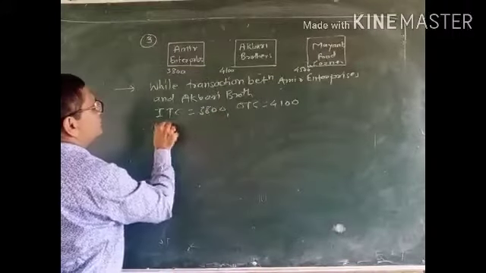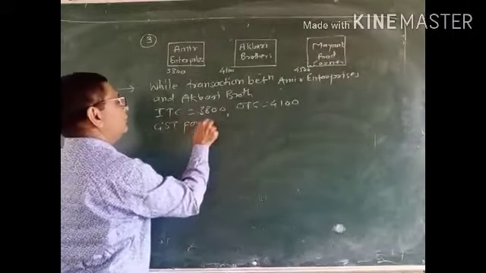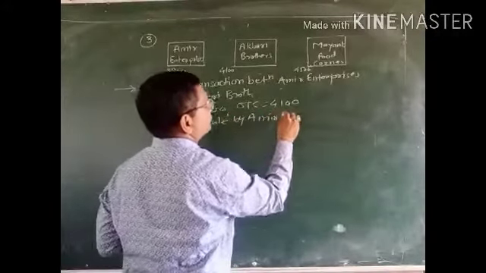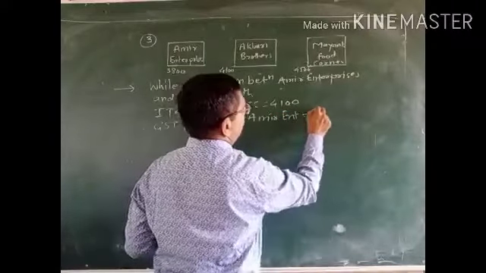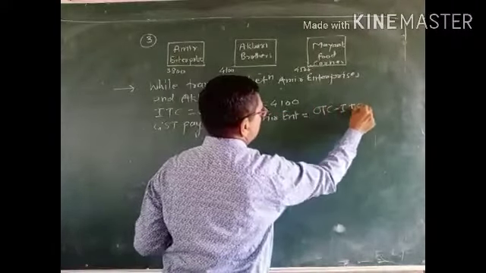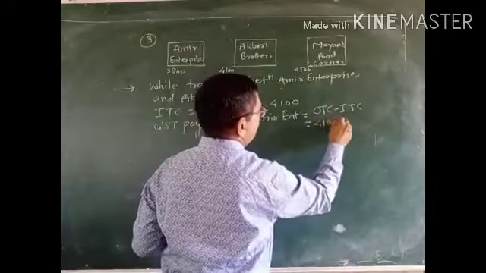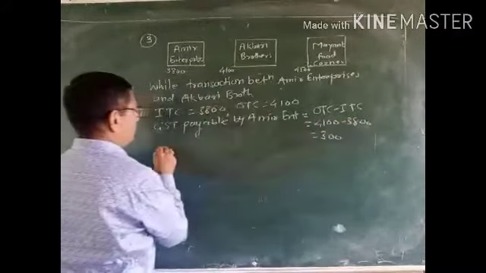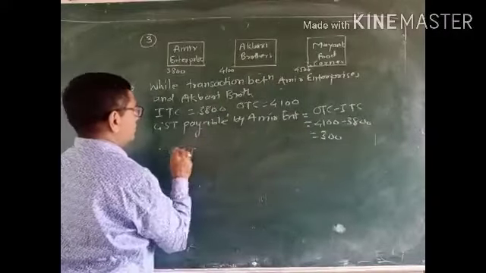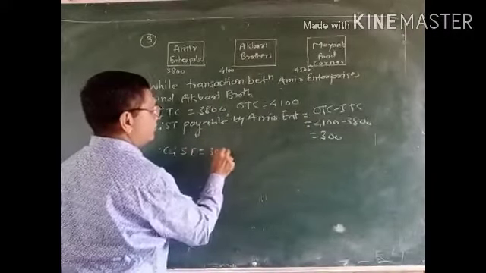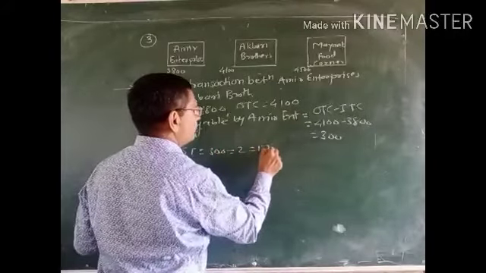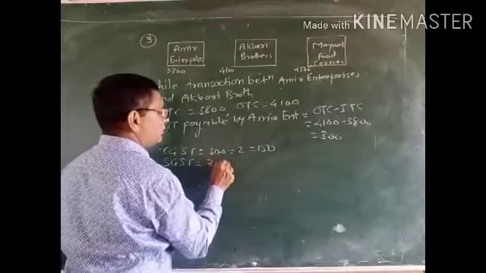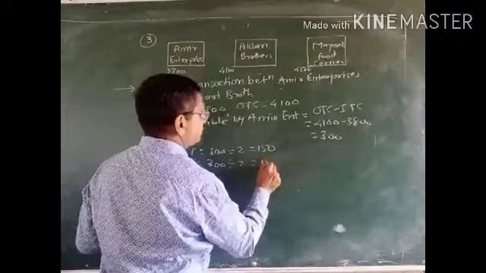Therefore, GST payable by Amir Enterprises is equal to OTC minus ITC is equal to 4,100 minus 3,800, that is 300 rupees. Therefore, CGST is equal to 300 divided by 2, that is 150. Therefore, SGST is equal to 300 divided by 2, that is 150.